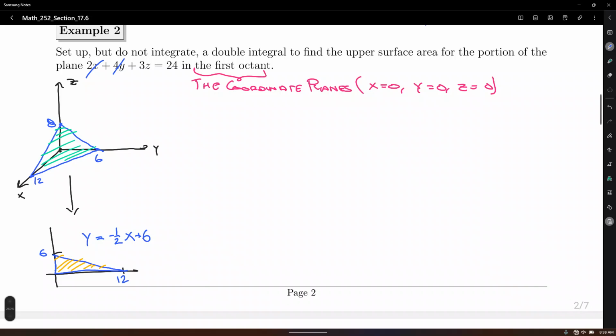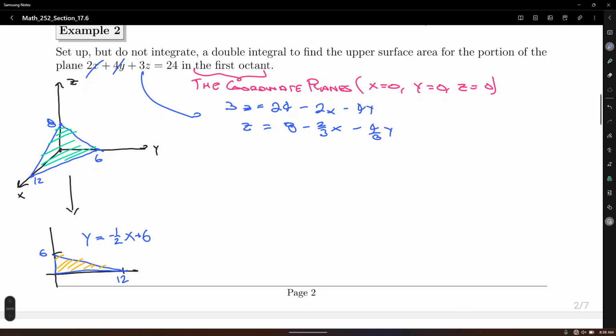We're given the equation of a plane, so let's solve for z. 3z equals 24 minus 2x minus 4y, and dividing both sides by 3, z equals 8 minus 2/3 x minus 4/3 y.